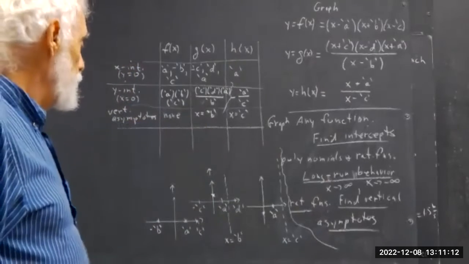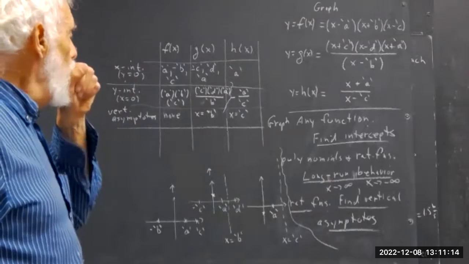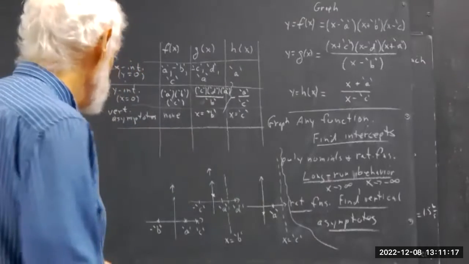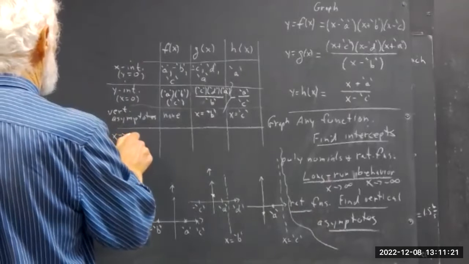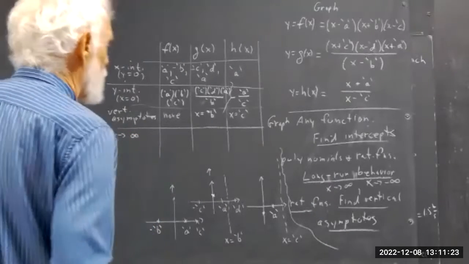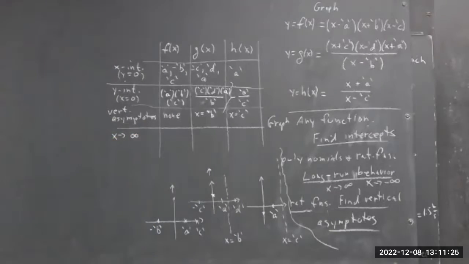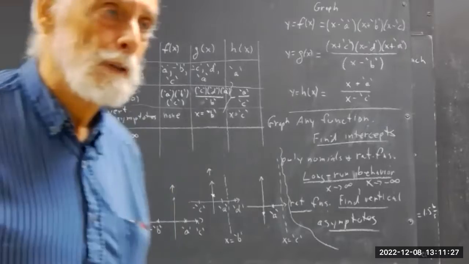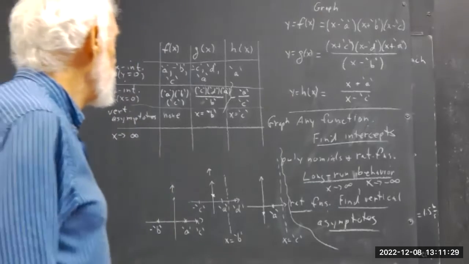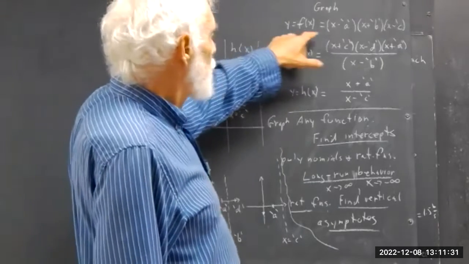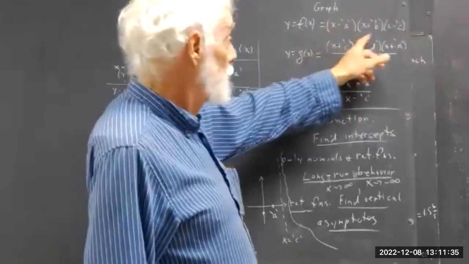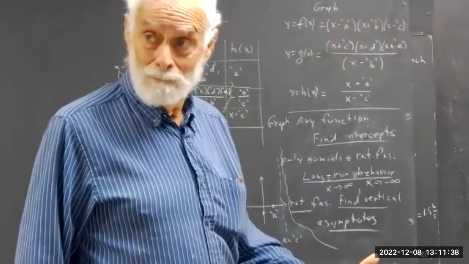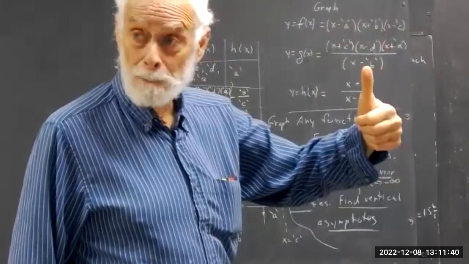Let's look at the long run behavior. As x approaches infinity, in this case, that means x is going to be a really big number. You're going to have 3 really big numbers. It's going to go up really fast, right?